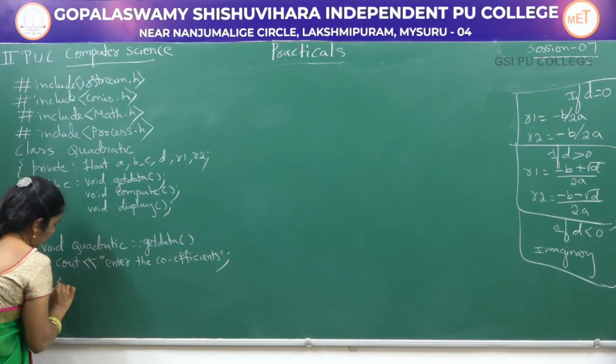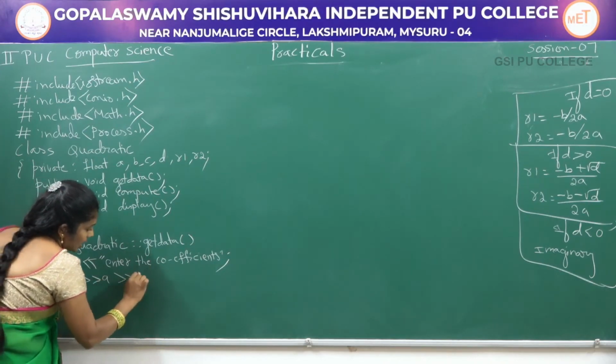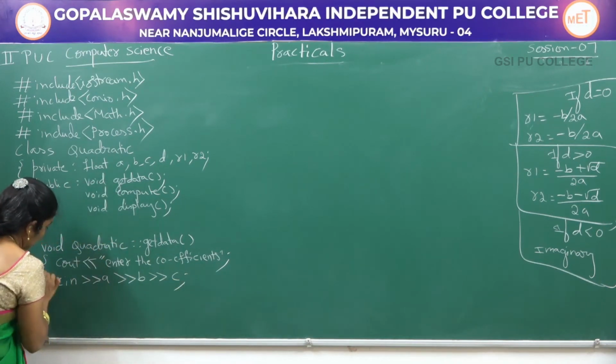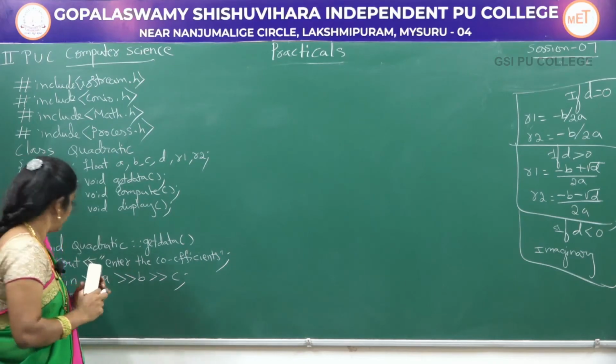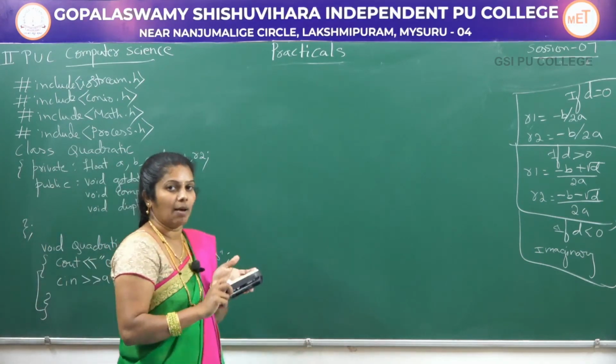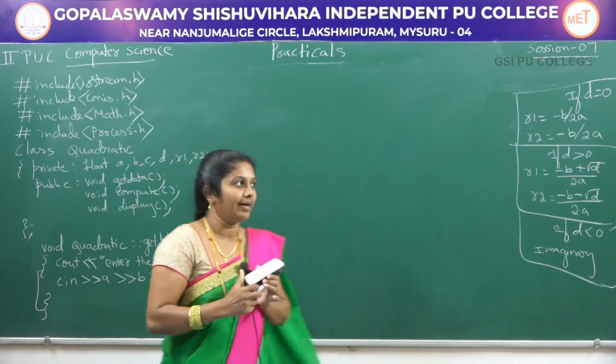Then input the values by using cin, extraction operator A, extraction operator B, extraction operator C, then close this function. Now is it clear? It means that here we have 3 functions: one is get data, one is compute, and one more is display. Here we have written the statements regarding get data.